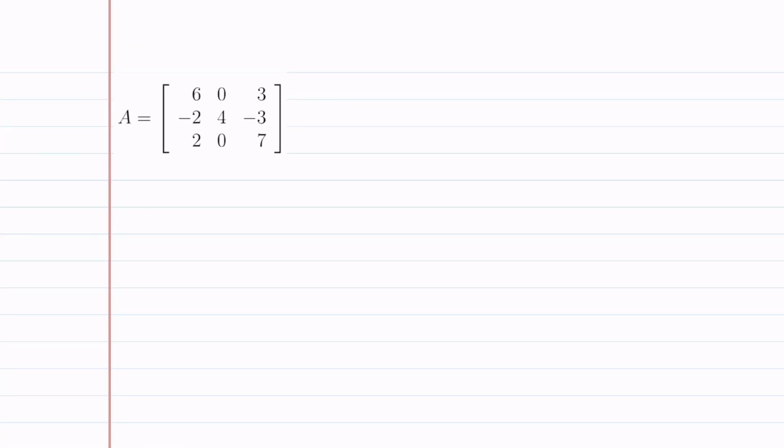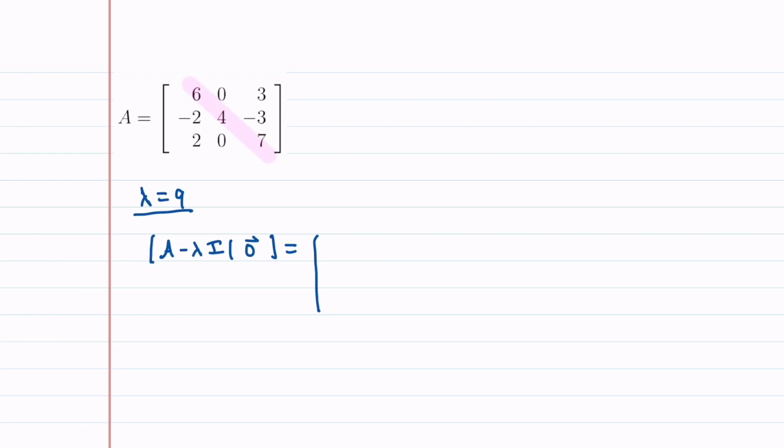I went ahead and I wrote down our matrix A just so we wouldn't have to flip back and forth between pages. So let's write down lambda is equal to 9. And we're going to begin just like we did before. We're going to take A minus lambda I, and we're going to augment it with 0. So for this one, let me go ahead and let's highlight our diagonal.